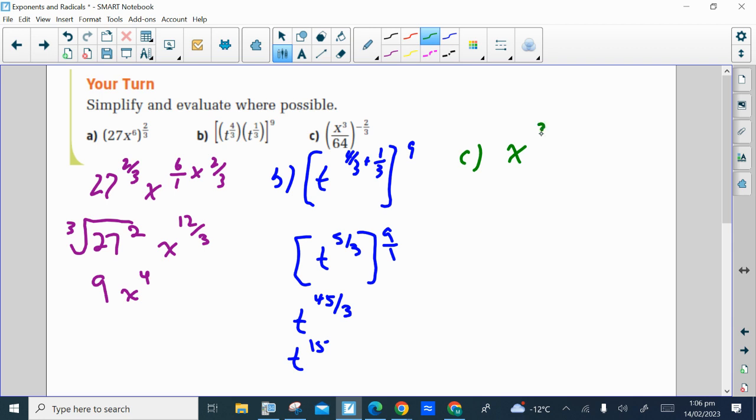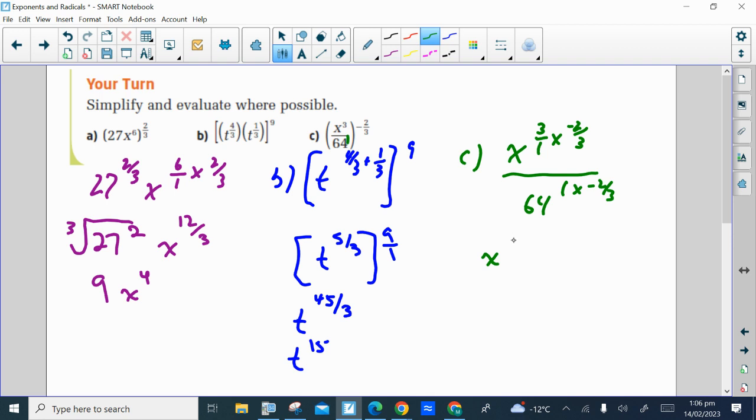So on top, it'll be x to the 3 over 1 times negative 2 over 3. And on the bottom, it'll be 64. This 64 is power 1, so it'll be 1 times negative 2/3. So when you multiply top times top, bottom times bottom, you don't need common denominators to multiply, only for adding and subtracting.